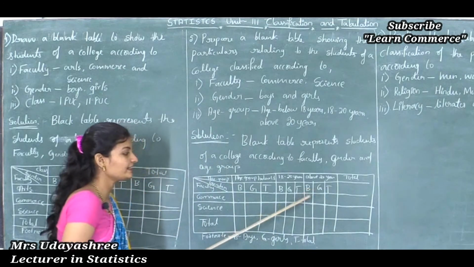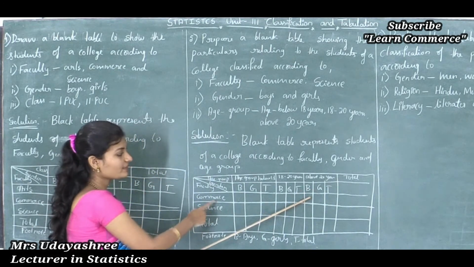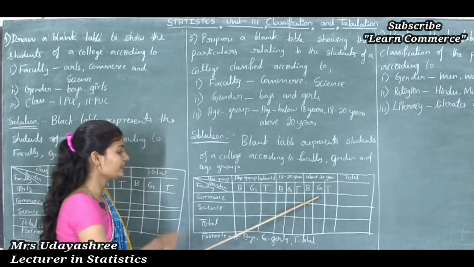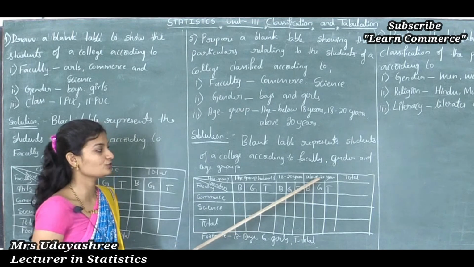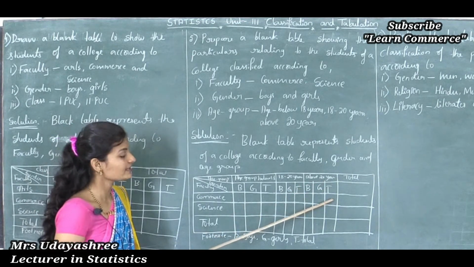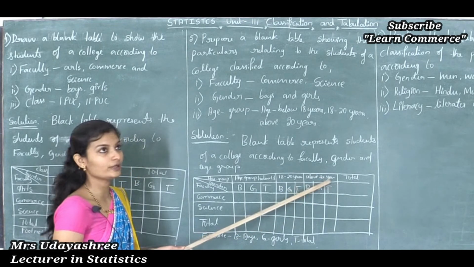See, this cell indicates commerce boys in the age group above 20 years, and this cell indicates commerce girls in the age group above 20 years, and this cell indicates the total number of commerce students in the age group above 20 years.